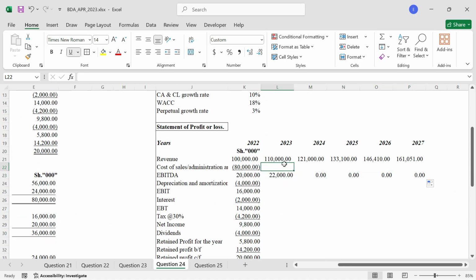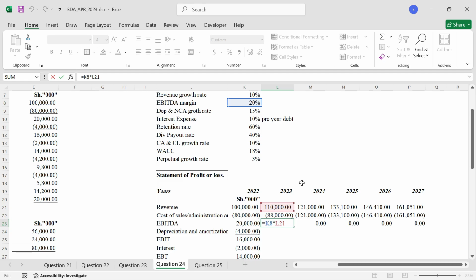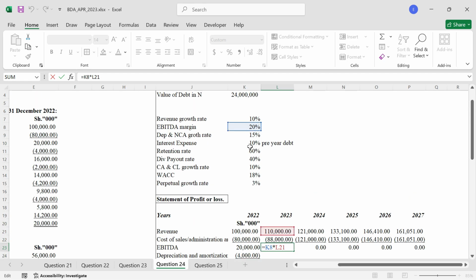To find the cost of sales as a negative value, I'll have my EBITDA minus the revenue. So we should have locked the EBITDA margin and copied it across.